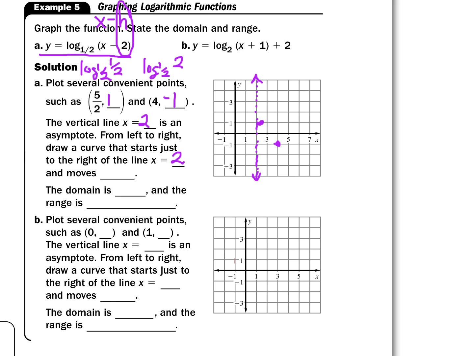Remember, this is an asymptote. It approaches but doesn't touch, and then curves just like that. Okay, so it moves down. It starts just to the right of x equals 2 and moves down. So the domain is x is greater than 2, because that's my h, and the range is all real numbers.